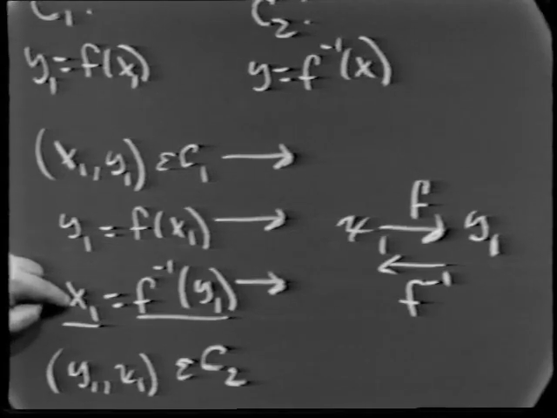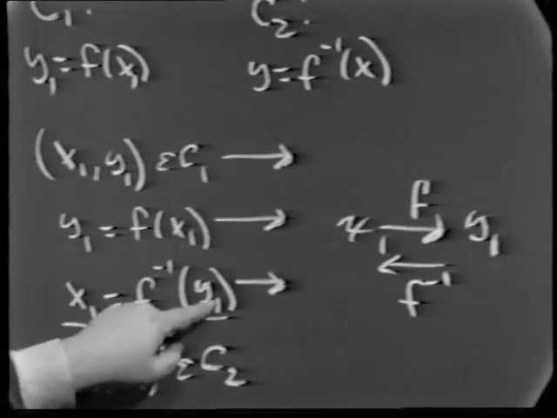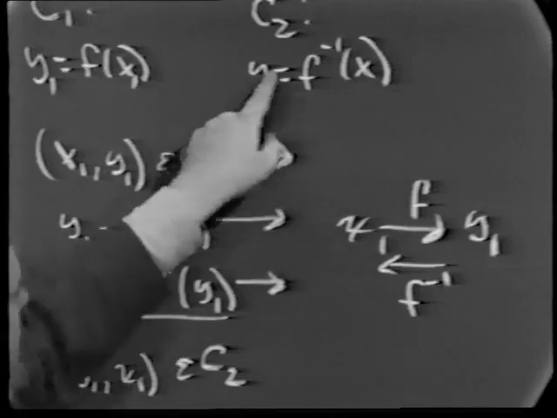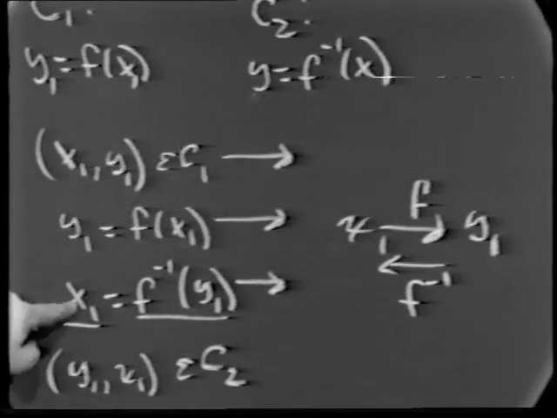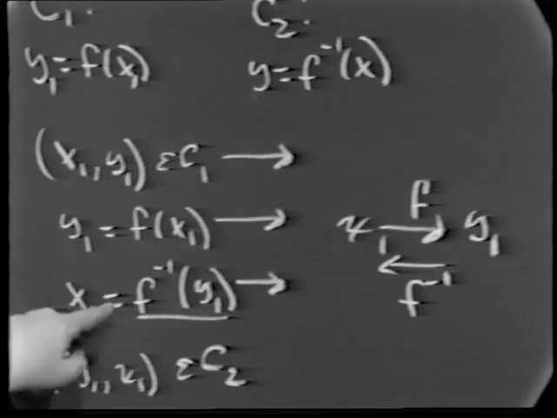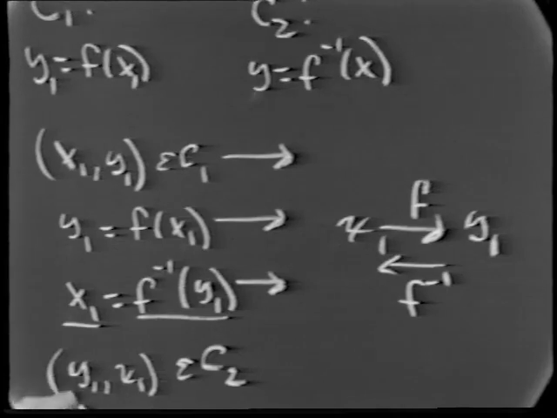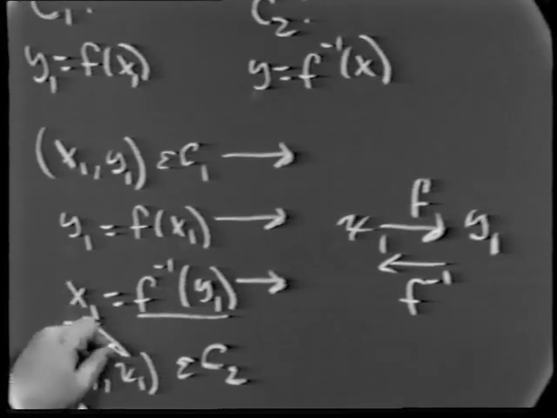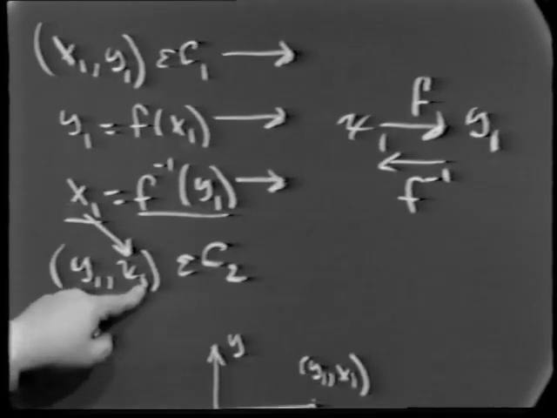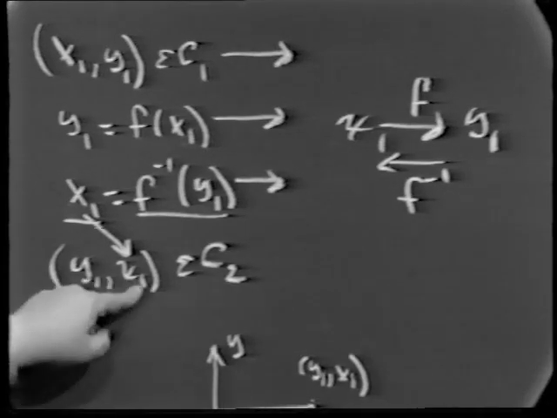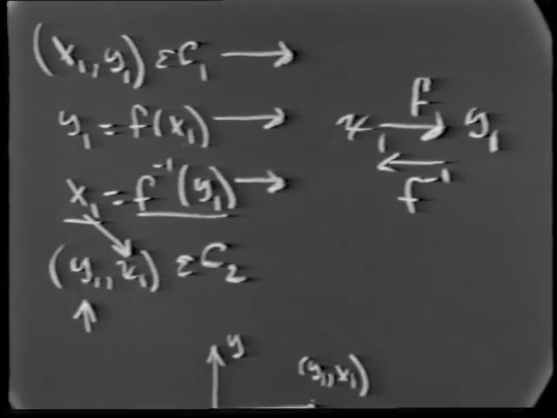This says that the input y1 maps into the output x1. In other words, if you look at the f inverse situation here, when the input is y1, the output is x1. That's another way of saying that y1 comma x1 belongs to the curve C2.